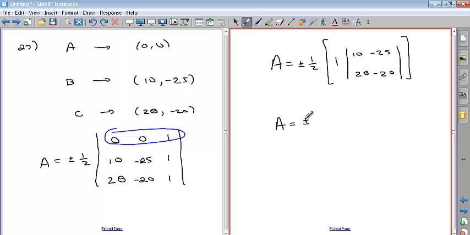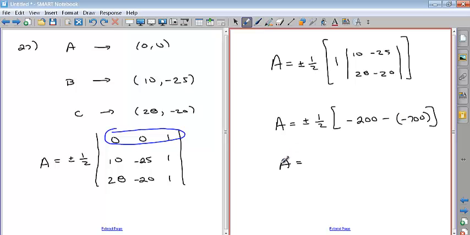So plus or minus 1/2. And we get 10 times negative 20, which is negative 200. And then you've got minus for the other one, but you've got 28 times 25, which is 700, so it's negative 700.